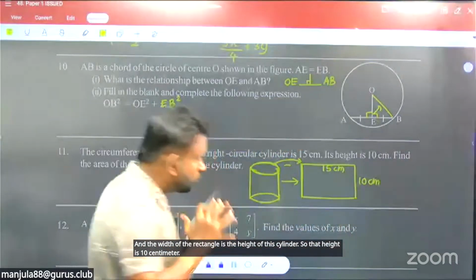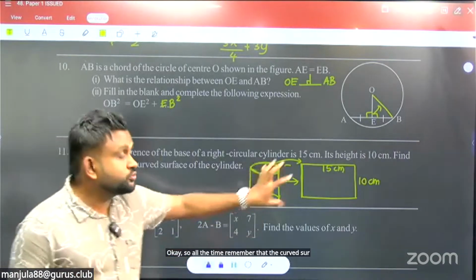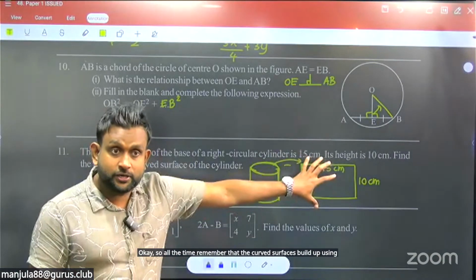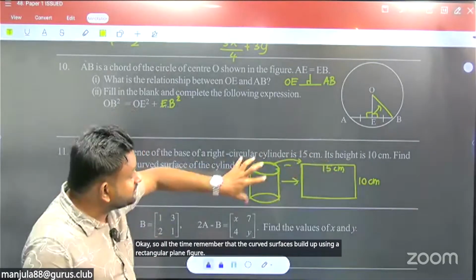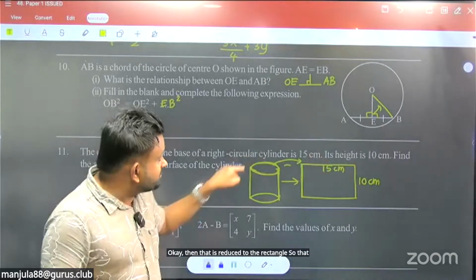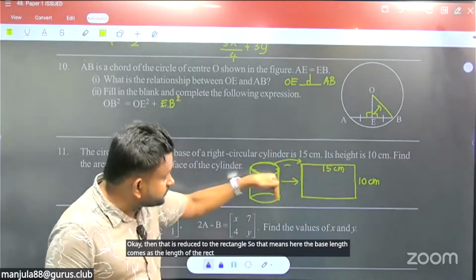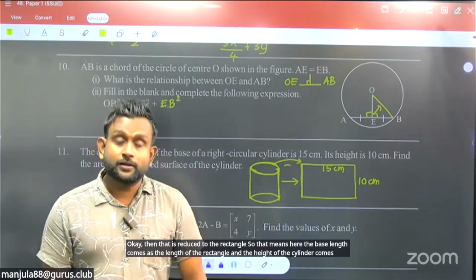So all the time remember that the curved surface is built up using a rectangular plane figure. Then that is reduced to the rectangle. So the base circumference comes as the length of the rectangle and the height of the cylinder comes as the width of the rectangle.